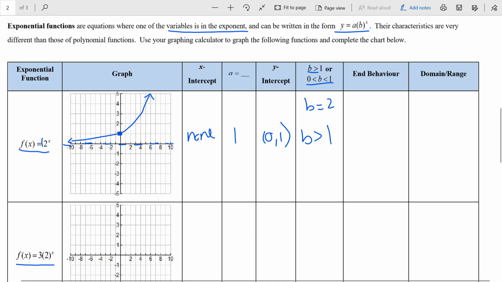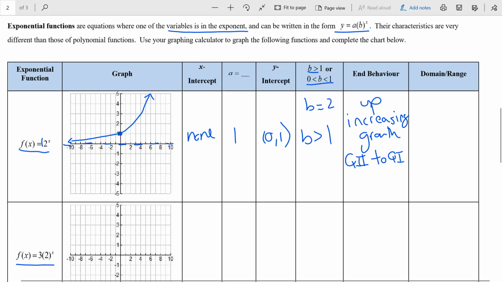The end behavior, we're going to say it ends going up. We could call it increasing. We could call it a growth. We could say it's going from quadrant 2 to quadrant 1. Any of those things are fine.